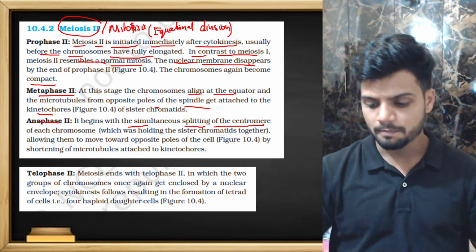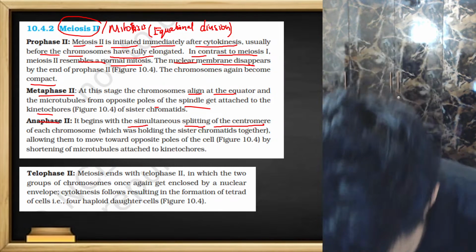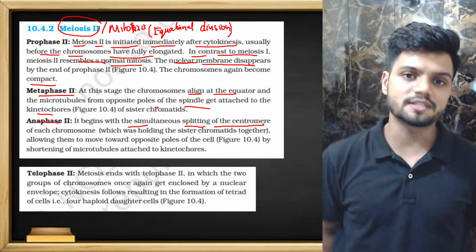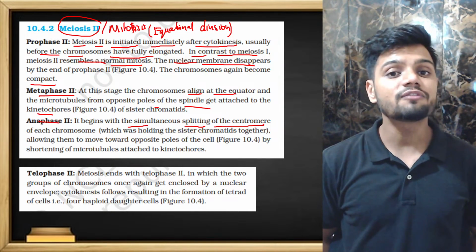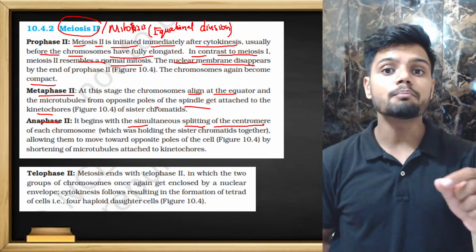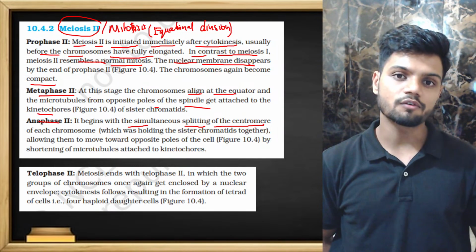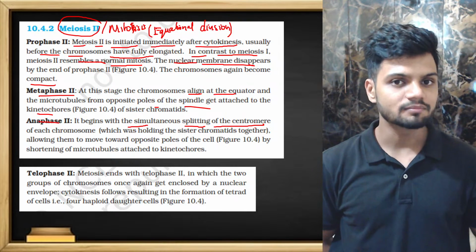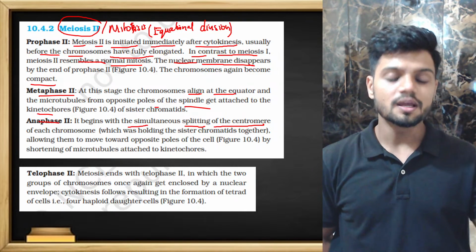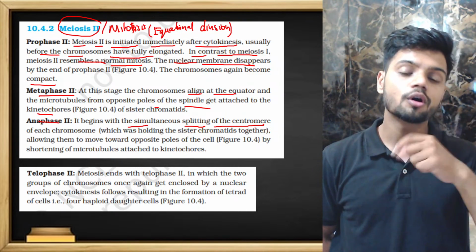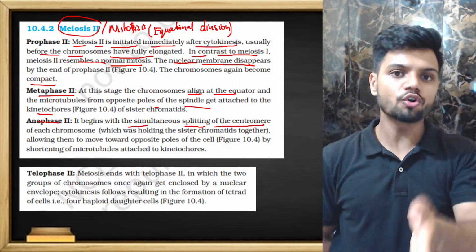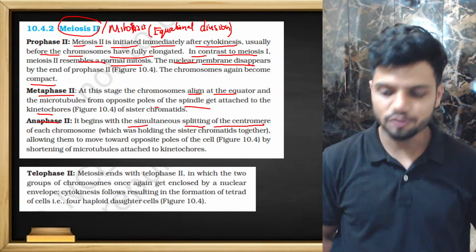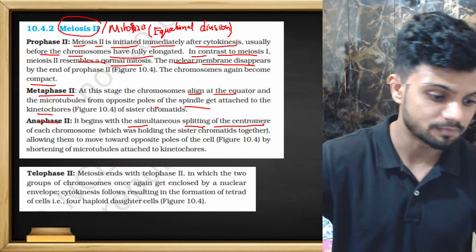Anaphase of mitosis and anaphase 2 of meiosis. I repeat again: anaphase of mitosis and anaphase 2 of meiosis. In these two stages, the centromere is being split.